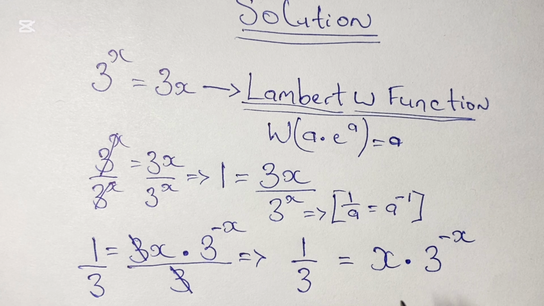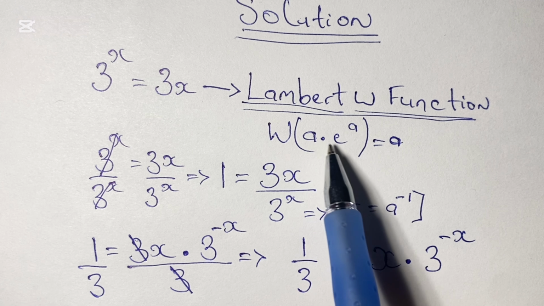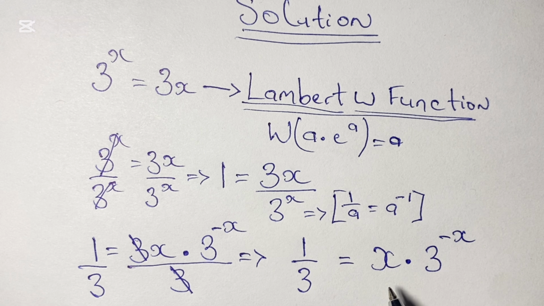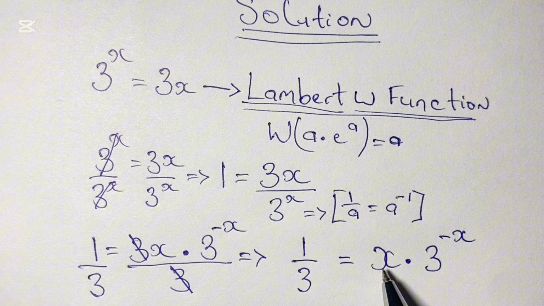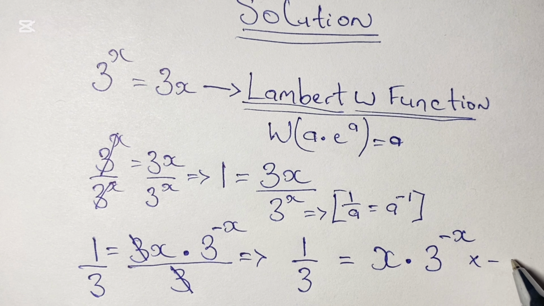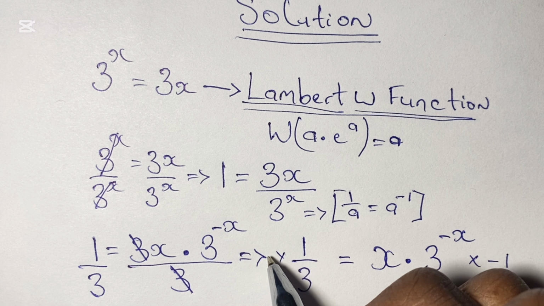Now, as we are writing our equation in the form of a times e to the power of a, you'll notice that we have x here, and we also have times 3 to the power of negative x here. The problem here is that we have this negative right here. So we just need to correct this. We need it right here with this x. So we're just going to multiply both sides by negative 1.